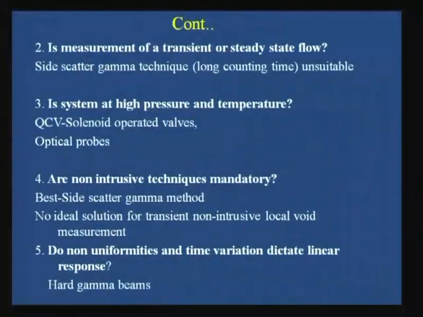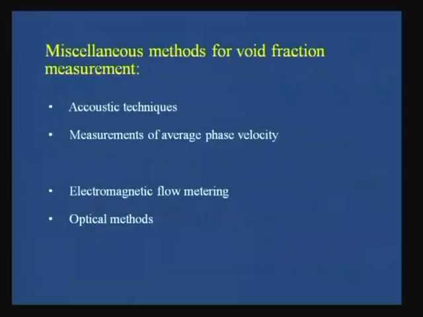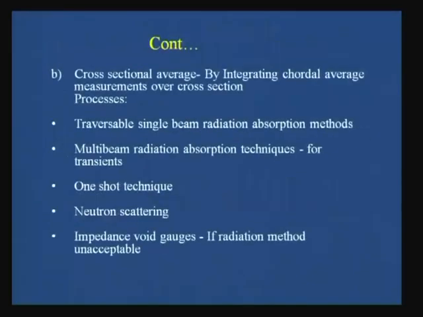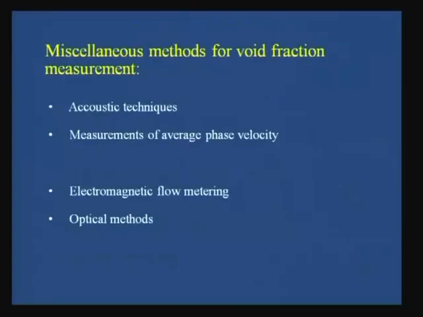Now, after this I would like to discuss certain other techniques which are not so very common, but they are being used more and more now, and in modern times they can be exploited more for obtaining an idea about the void fraction.